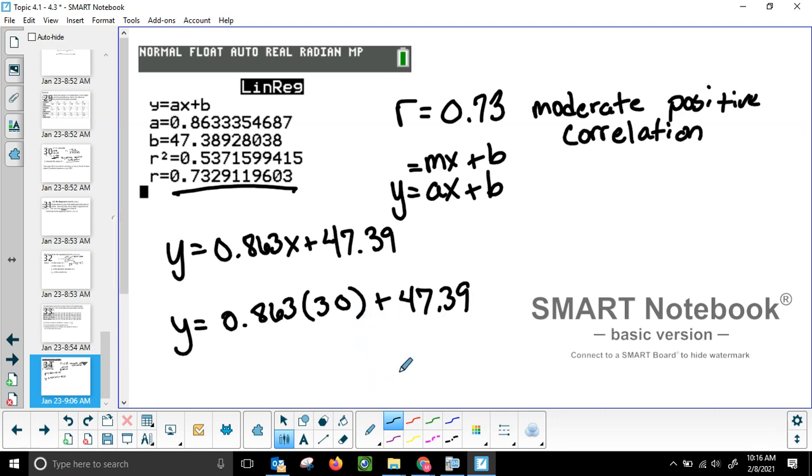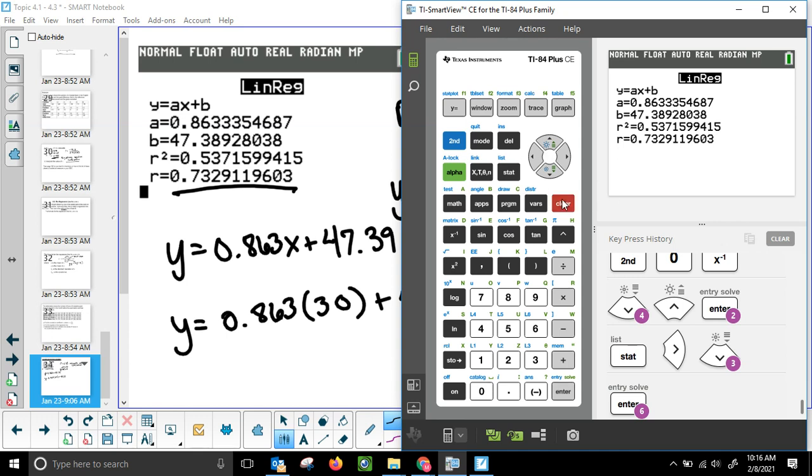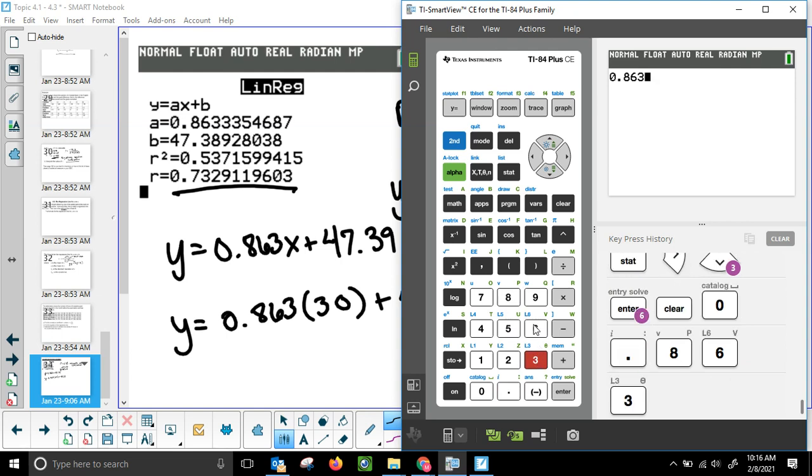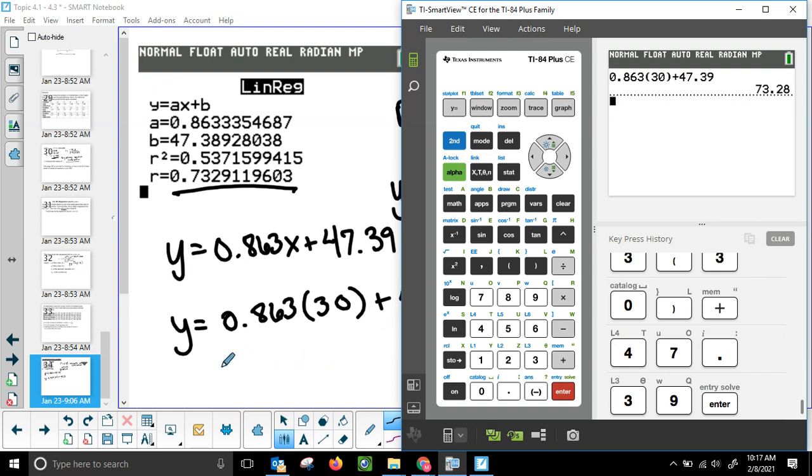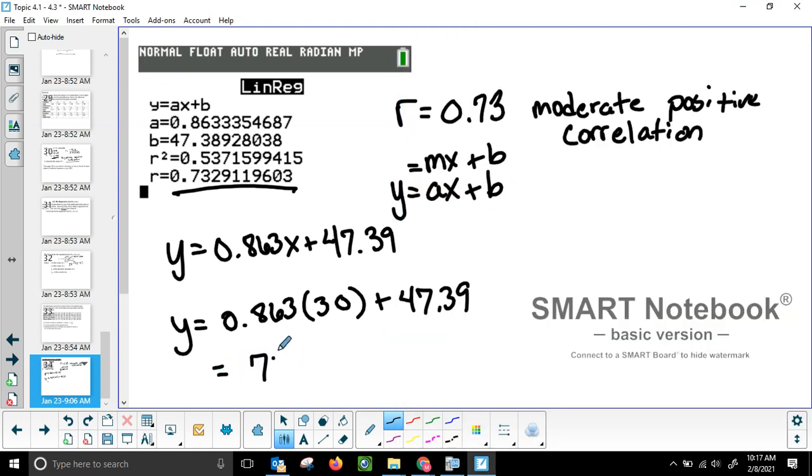And when we do, we get 73.28, so roughly 73%. And we are done with linear regression as well.